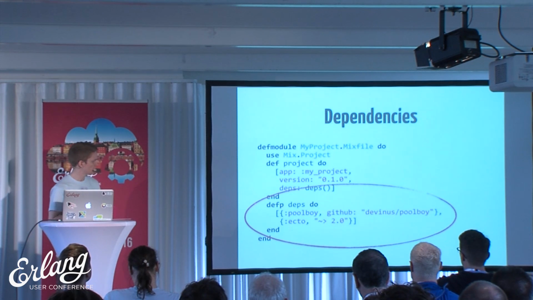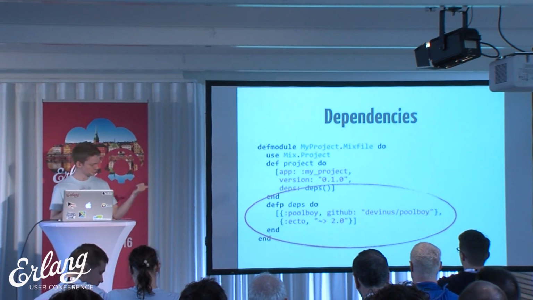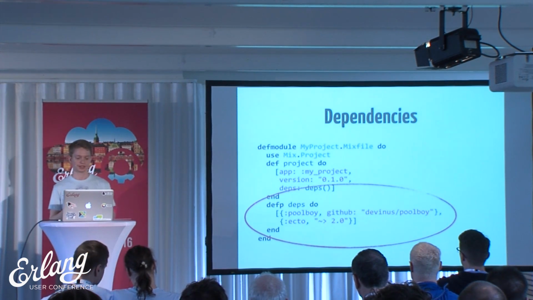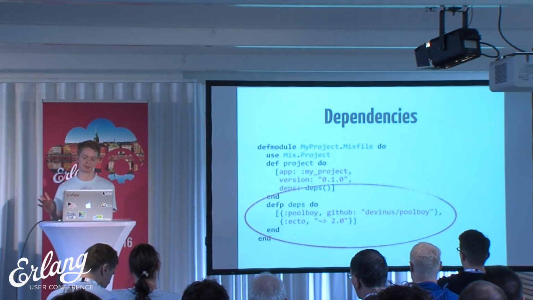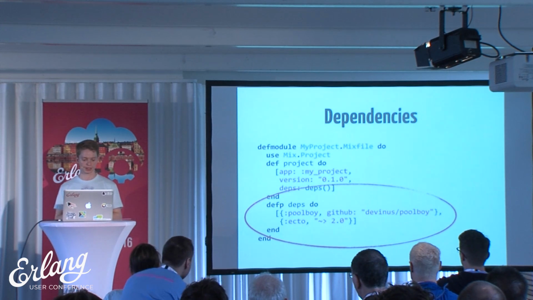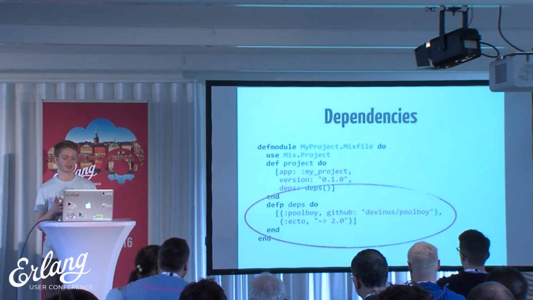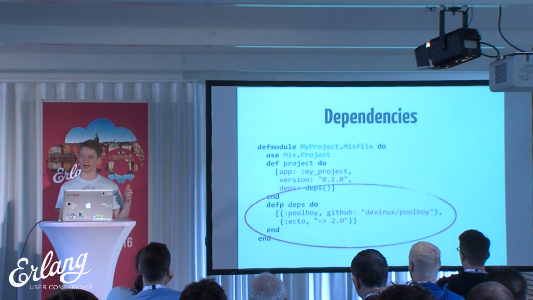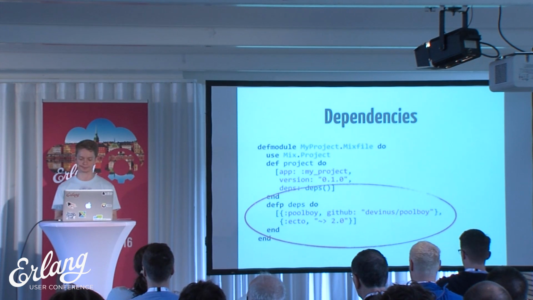And we can see here that we have a poolboy dependency from Git and an Ecto dependency. For poolboy, we have defined that we're going to fetch it from GitHub and the name of the repository to fetch it from. For Ecto, we haven't defined how to fetch it, which means that Mix will fall back to an external package manager that is plugged in.